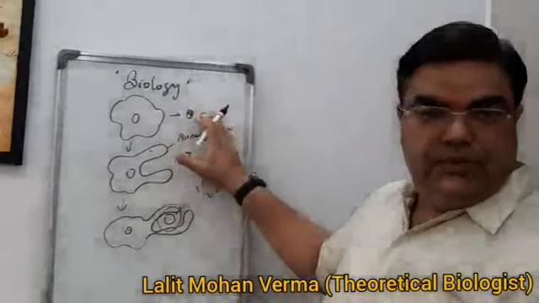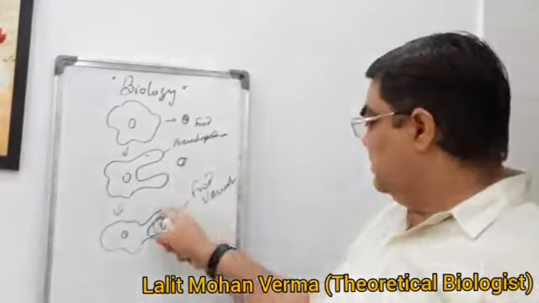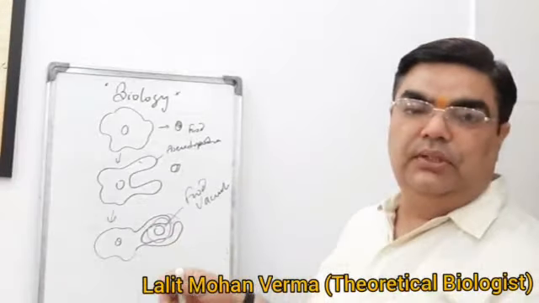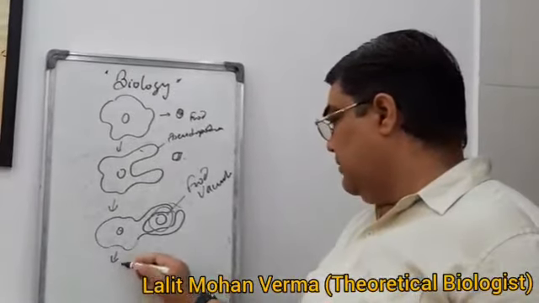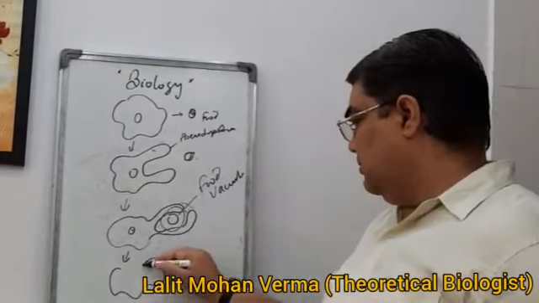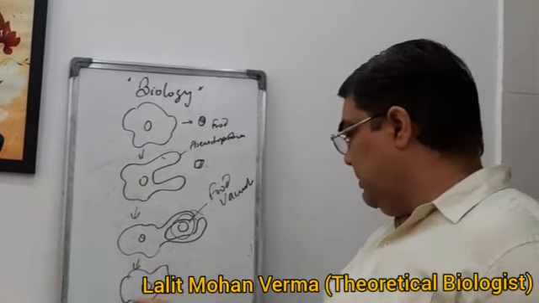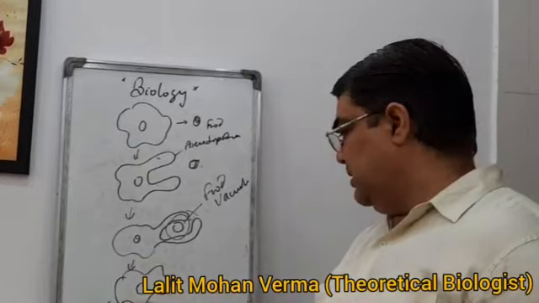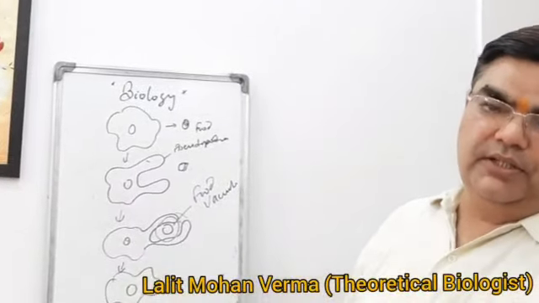Now the food is inside the amoeba and this portion is converted into food vacuole where digestion occurs. After a while, when digestion has taken place, the remaining waste material is excreted out from somewhere else in the body.